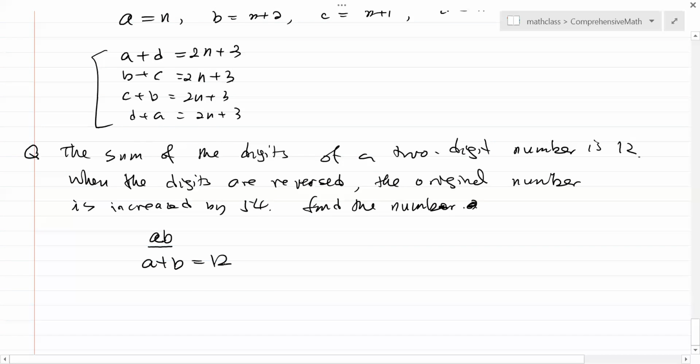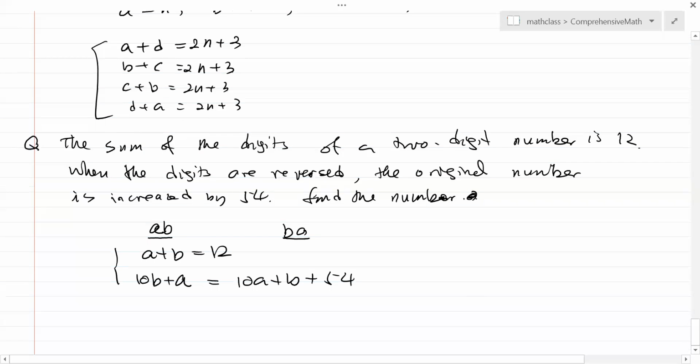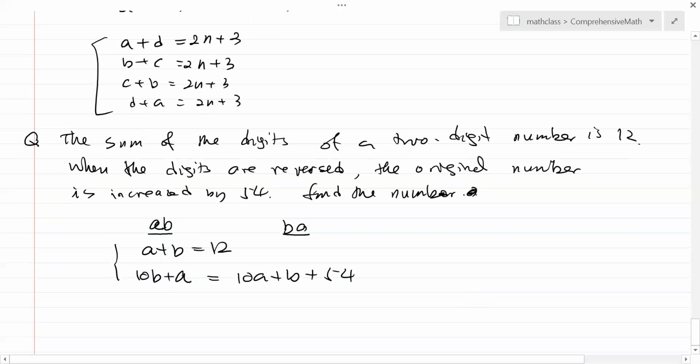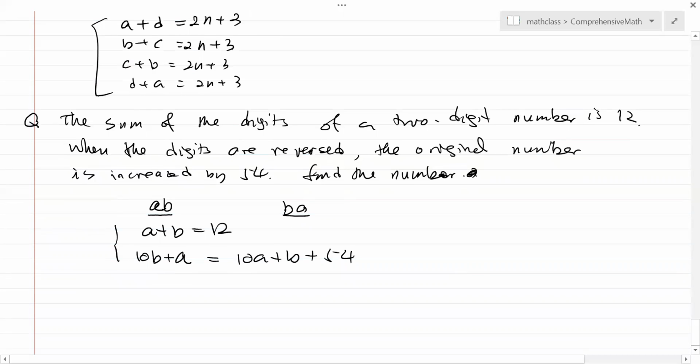Now, if we reverse the order, so BA, so 10B plus A equals 10A plus B plus 54. So let's look at the second equation. The second equation implies 9B minus 9A equals 54. So you clearly get B minus A equals 6.